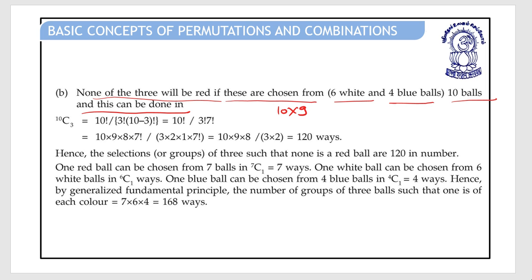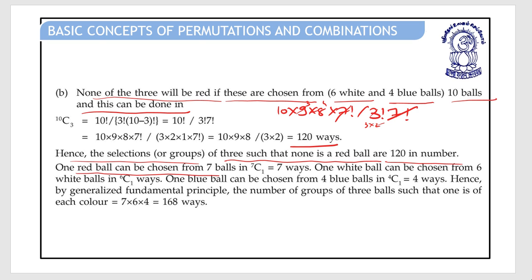So 10, 9, 8, 7 factorial upon 3 factorial, 7 factorial cancel. So 3 2s are 6, so 3 3s are 9, and 4 3s are 12 into 10, 120 ways. Hence the selection of groups of 3 such that none is red ball are 120 in number.